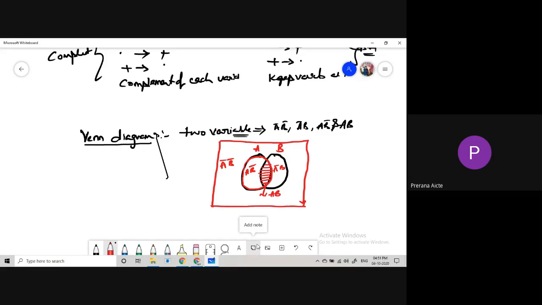So based on this Venn diagram, we are getting some problems. If the problem consists of something like this, what is the Boolean expression we are getting here?